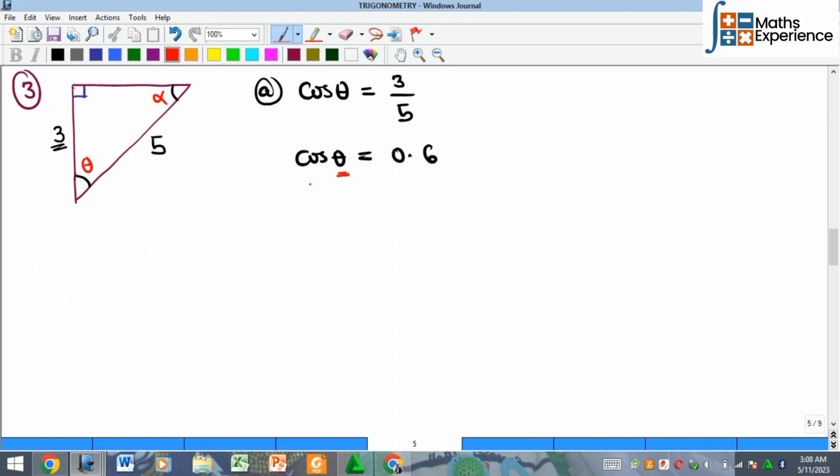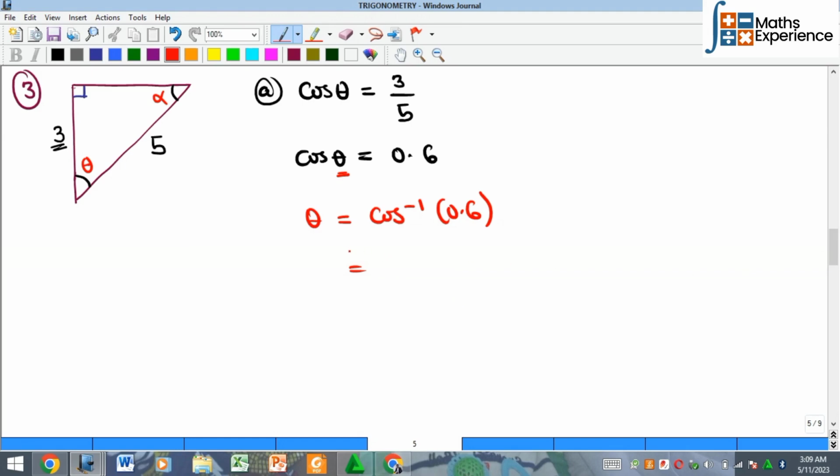Now, when you want to get the angle that is contained as an argument of a trig function, all you need to do is to take the trig function to the other side. So if I take cosine and it crosses equality, it changes to the inverse. So this will be the inverse of cos, and that will be of 0.6. Look up the value of this using your calculator or your 4-figure table.